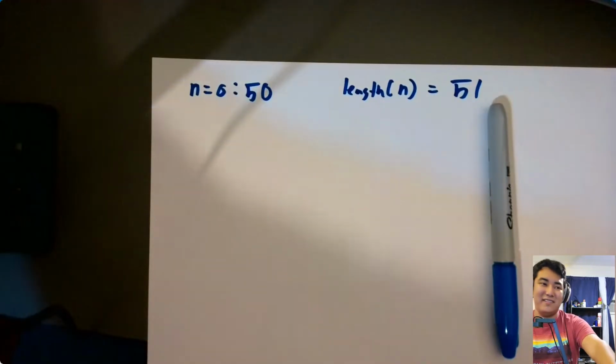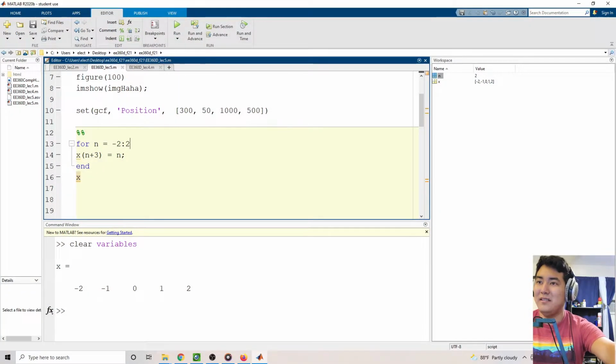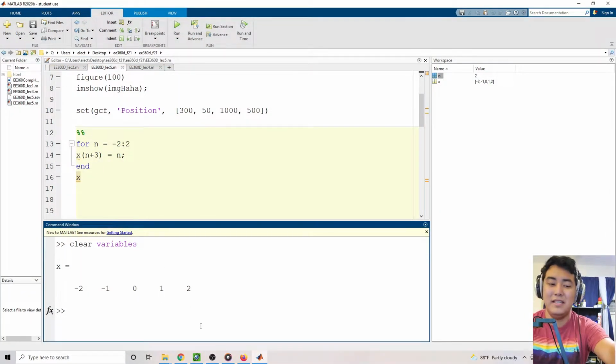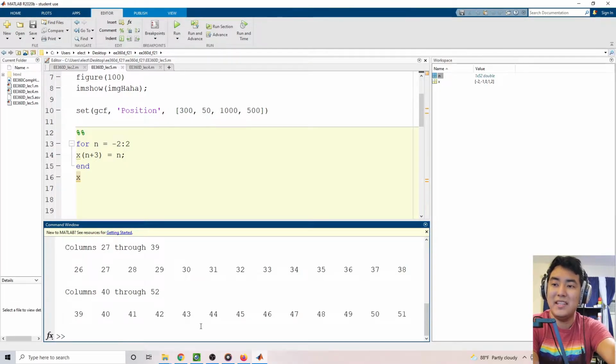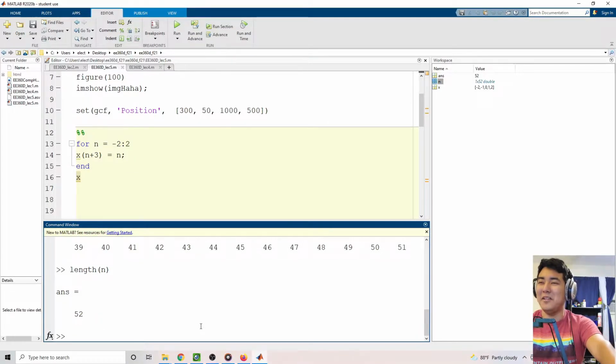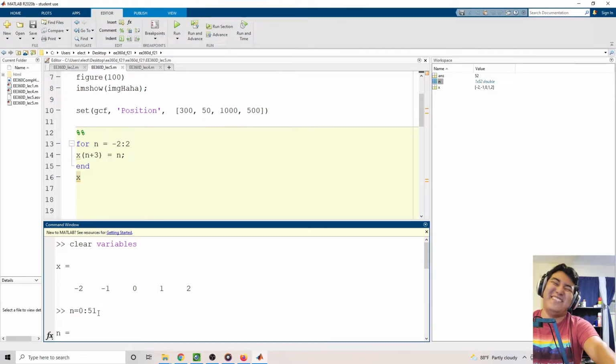Don't believe me? Don't trust me? Let's see. n is equal to 0 to 51. Wait. There we go. And then length of n. Wait, 52. What did I type? Typed in 51.